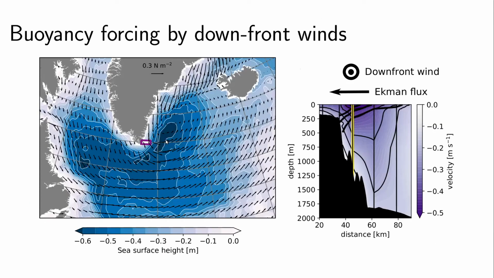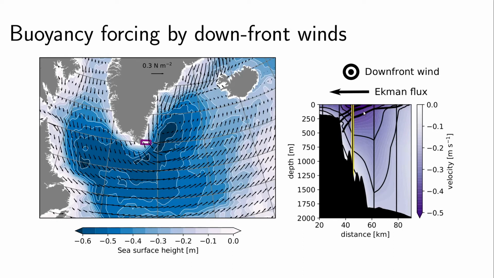Okay, so here I'm showing now with the arrows, this is a winter and spring wind stress from ERA5, and in the blue colors is SSH, just to give you a general sense for the circulation. And in purple, I'm zooming into the OSNAP moorings here in the western Irminger Sea. You can see there's this large, strong boundary current.